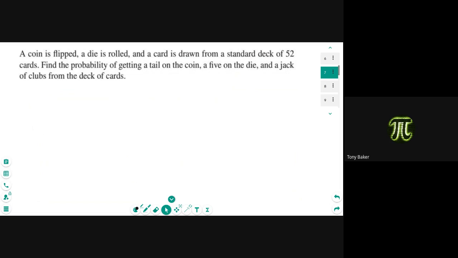The die has no impact on the cards or the coin. So these events are independent. They're separate from each other. So we can literally just multiply the three probabilities together to get my answer. So what is the probability of me getting a tail on the coin? 1/2.